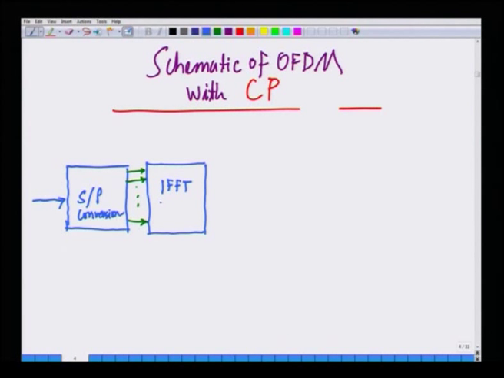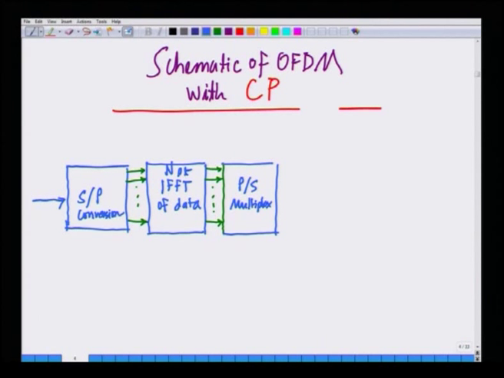This is the N-point IFFT of the data corresponding to the N subcarriers. Subsequently, I am going to convert this into a serial stream of data. So, this is the parallel to serial or multiplexing operation.